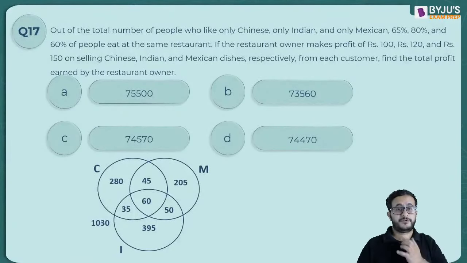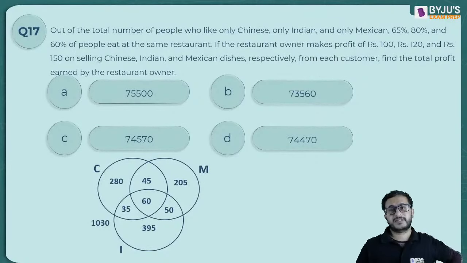Out of the total number of people who like only Chinese, only Indian, and only Mexican, 65%, 80%, and 60% of the people eat at the same restaurant.